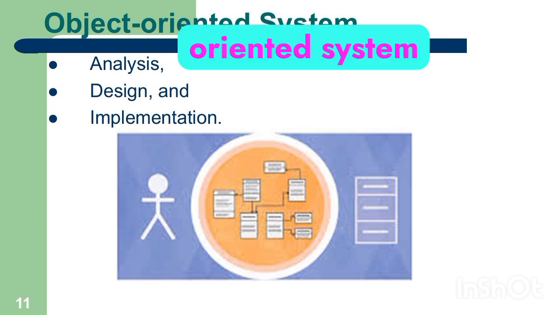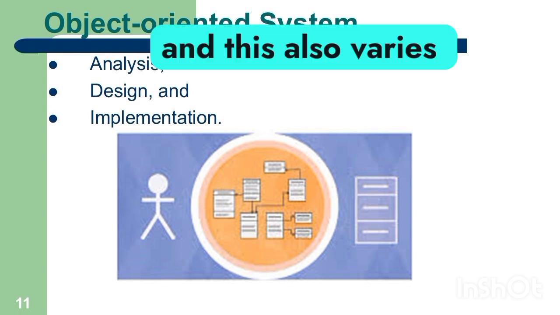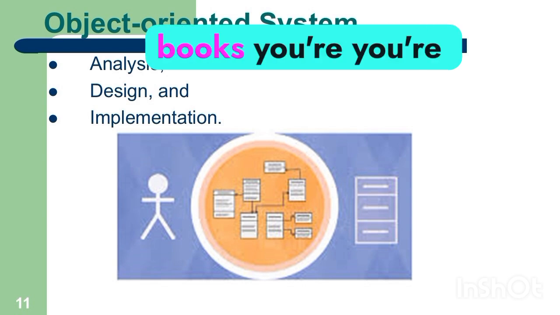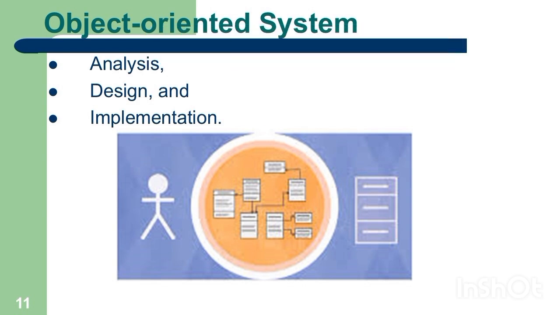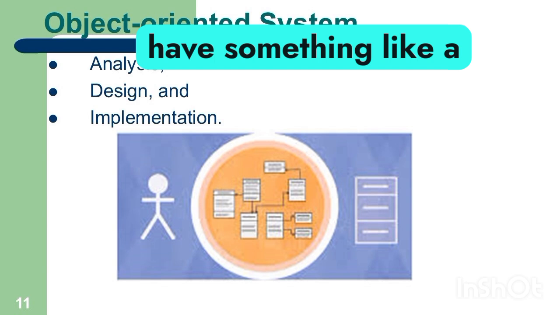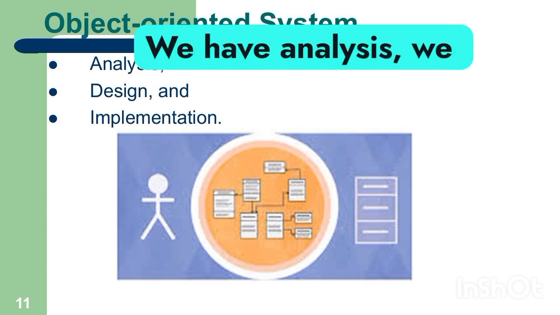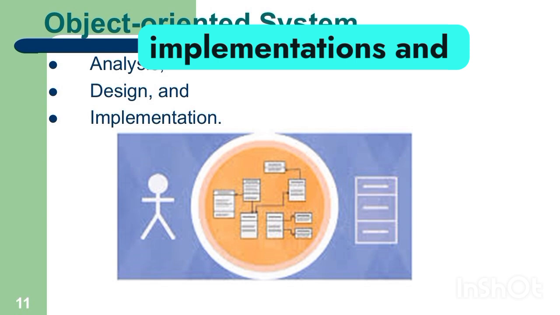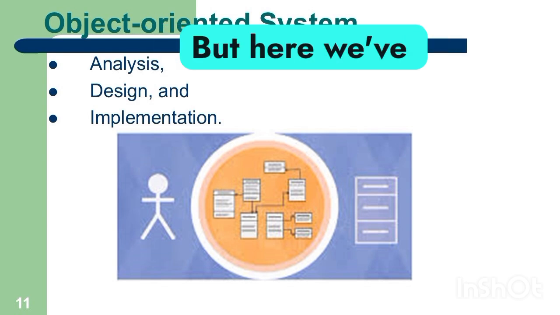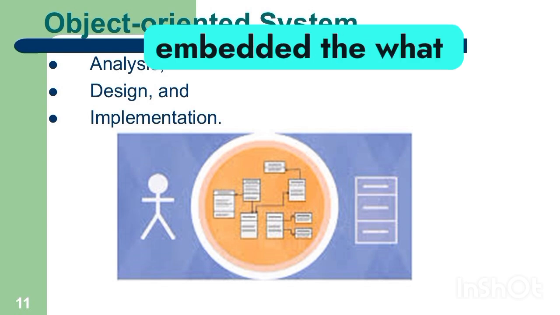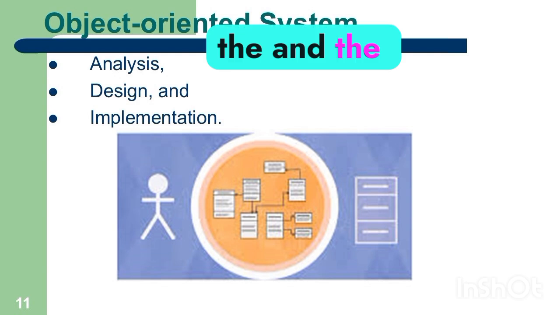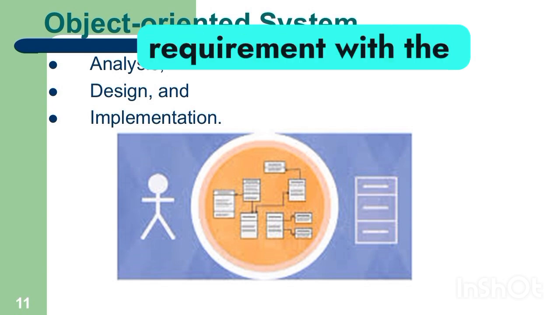This also varies depending on the scholars, depending on the books you're reading. We might have requirements as a single process. We have analysis, we have design, we have implementation, and so on and so forth. But here we've embedded the requirements, that's the system requirements, with the analysis.